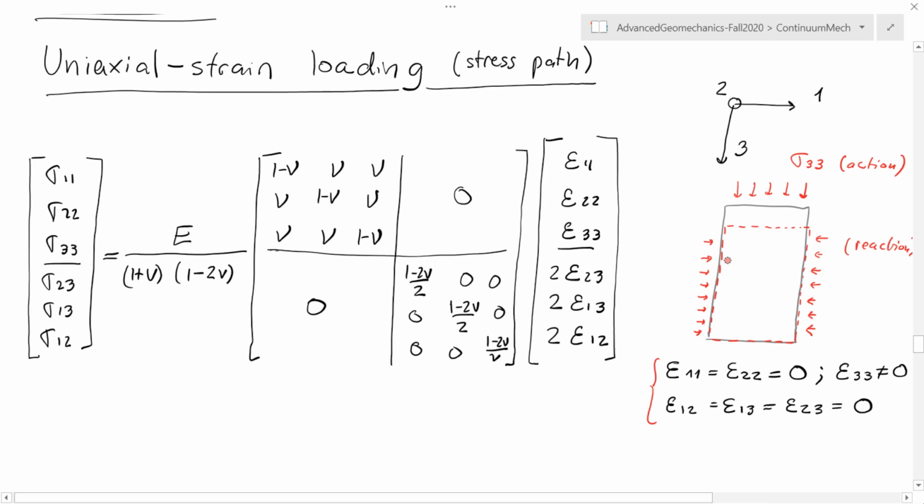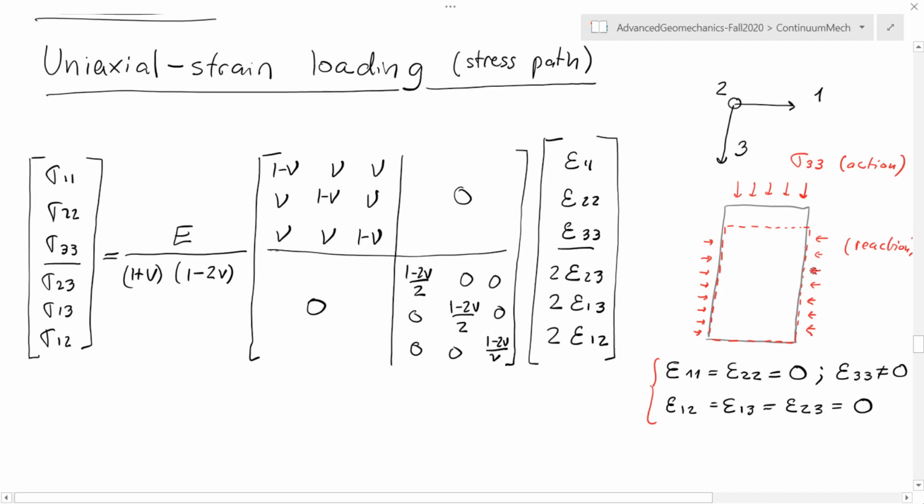This is the opposite of what you would have, for example, in unconfined or constant stress conditions. In those conditions, when you apply stress, the solid will expand to the sides due to the Poisson effect, as long as the Poisson ratio is higher than 0. But in this case, it can't. And as a result, stresses develop as a function of the Poisson ratio.